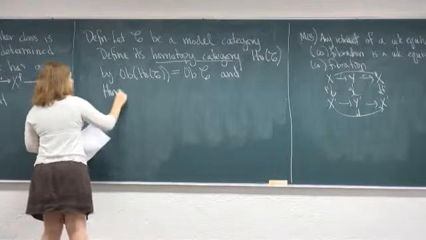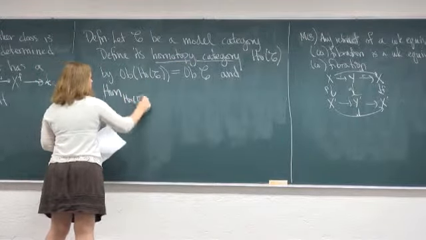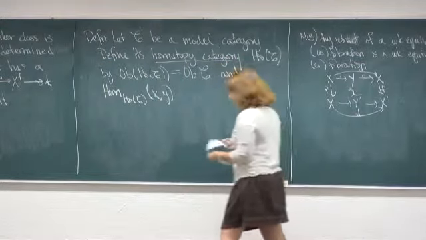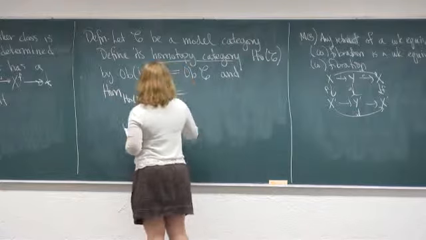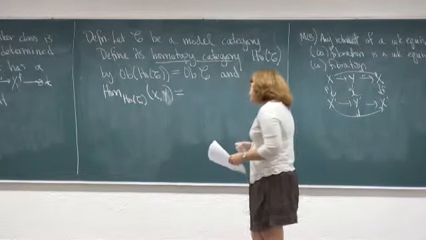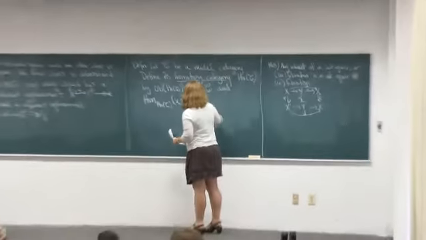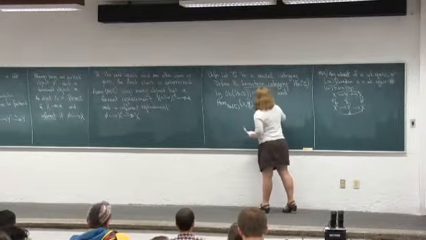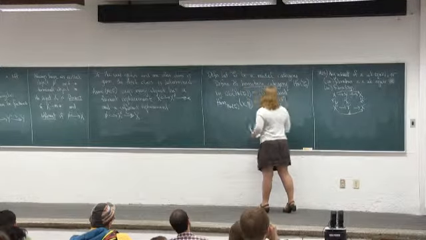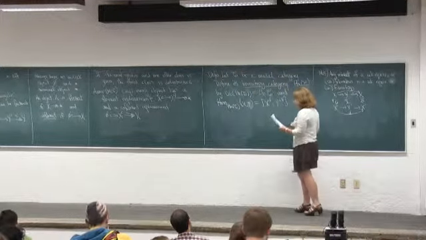So in the homotopy category, what are the morphisms between objects X and Y? Well, this is capital Y. I'm going to say that these are homotopy classes of maps where I take a fibrant and cofibrant replacement of both X and Y.